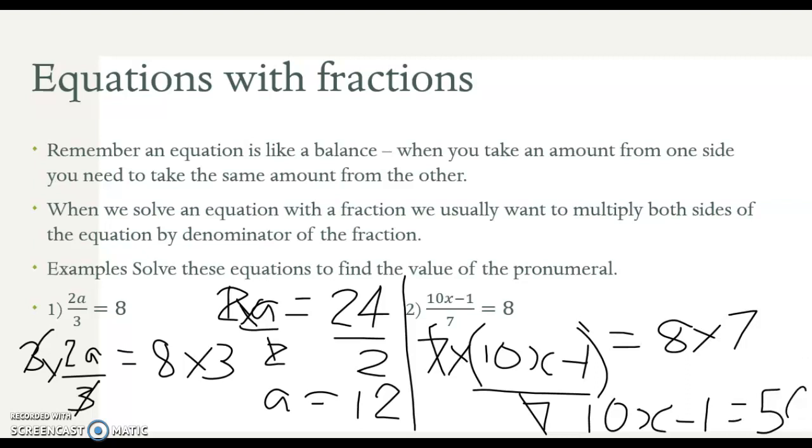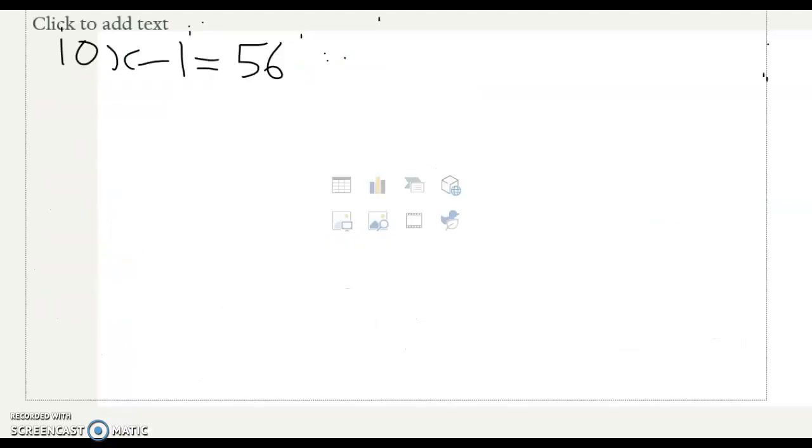Okay, so to solve that, we need to add 1 to both sides, to cancel out that 1. Whatever I do to one side, I have to do the same to the other. That gives me 10x equals 57. And now you can see the answer is not going to be a whole number.